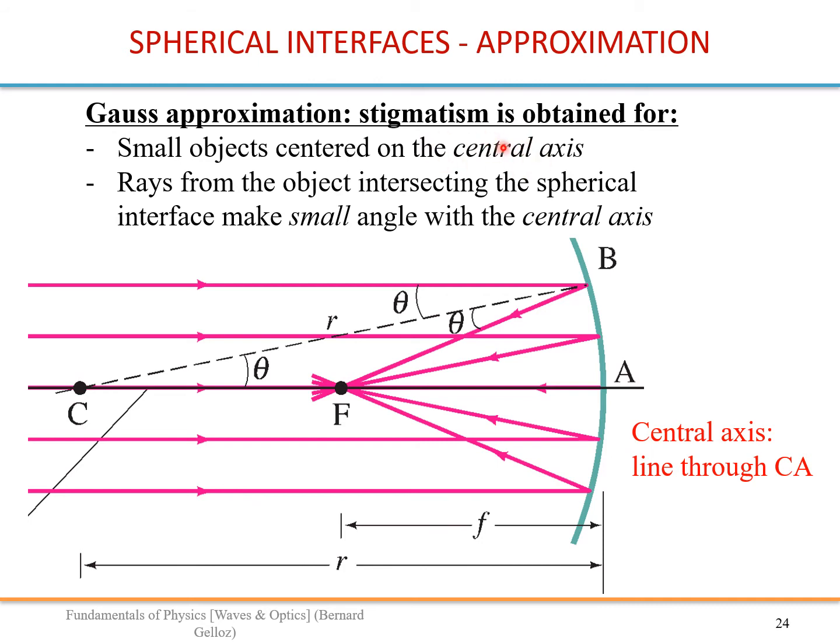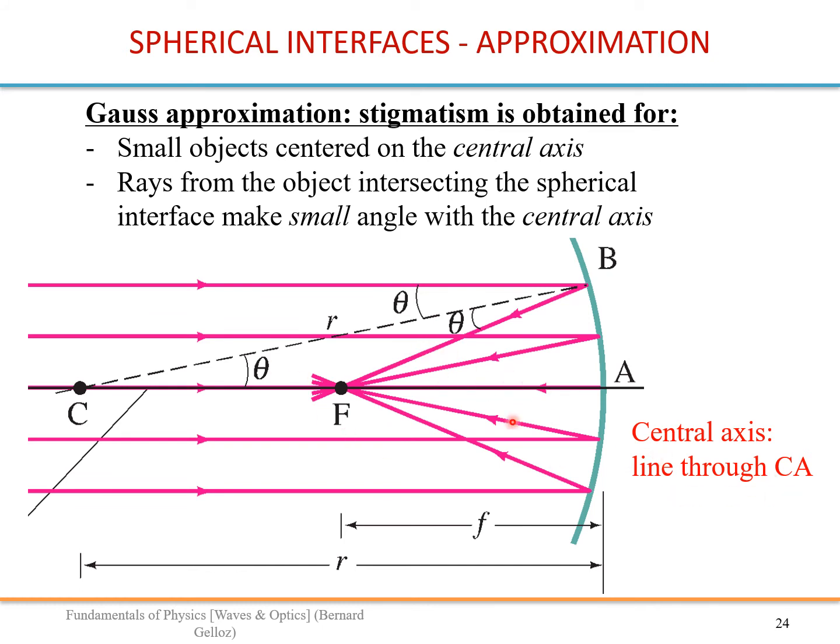Okay, so you see why it is called the central axis, because it is a symmetry line actually. And rays from the object intersecting the spherical interface make small angles with the central axis. So these angles are small.